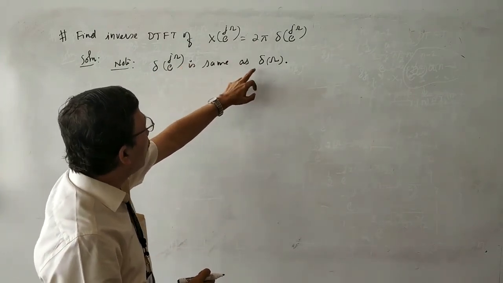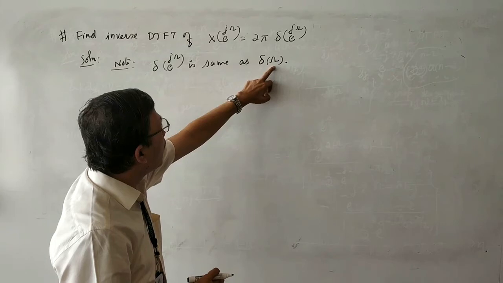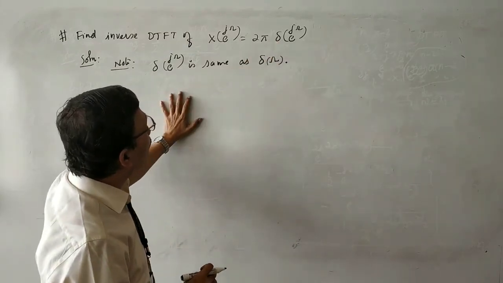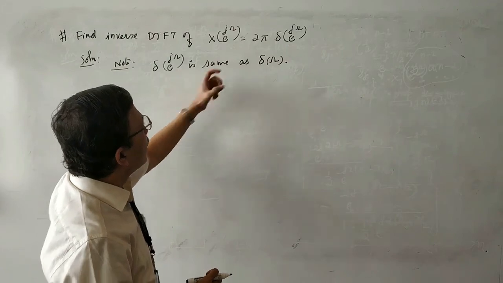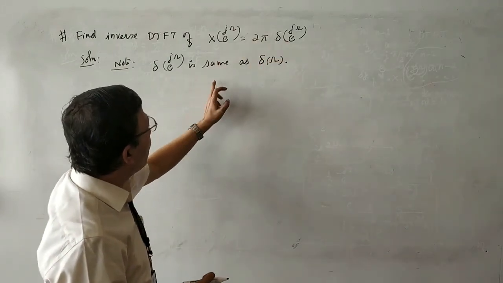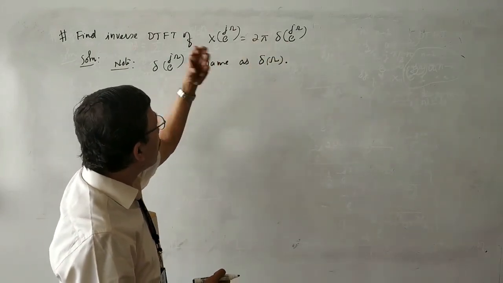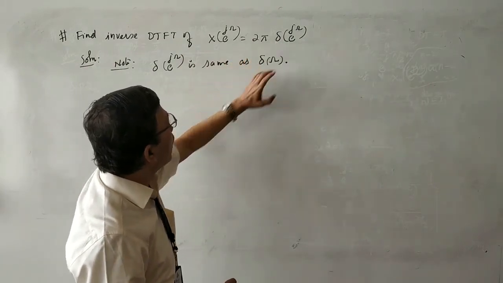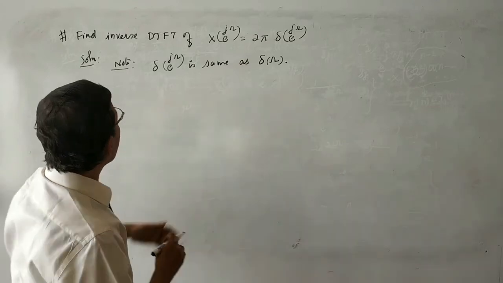Now delta of omega is located at omega equal to 0. In this form, it is very difficult to tell where delta is located. So delta of e power j omega is replaced by delta of omega to know the location of the impulse. So this impulse is now located at omega equal to 0.